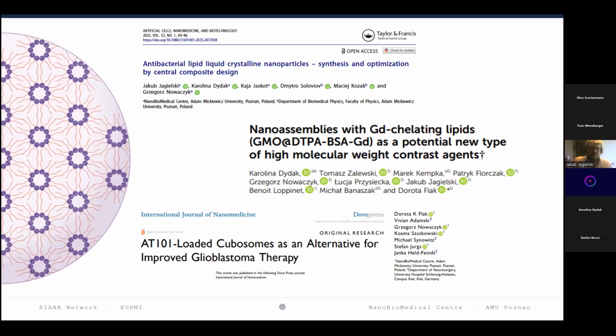But our group also works on, for example, applications of liquid crystalline nanoparticles as a potential new type of high molecular weight contrast agents. They can also be used as drug delivery systems, for example, for glioblastoma therapy.